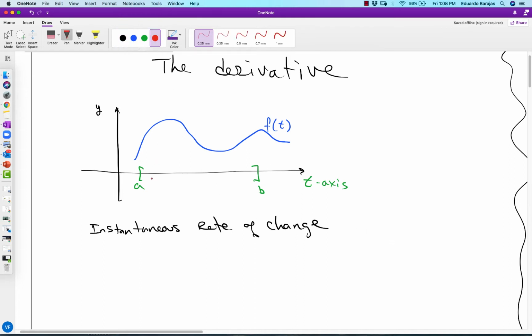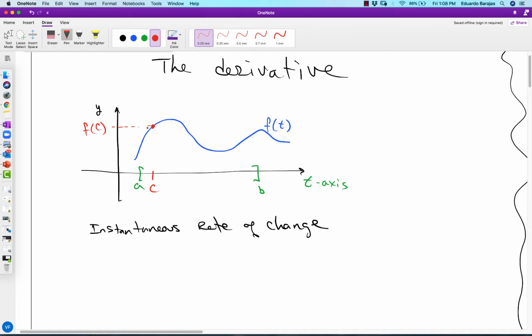So if we selected some value here, c, and that evaluates to some value f of c, where is it heading after that? This is the exact output at c, but where is it heading after that?